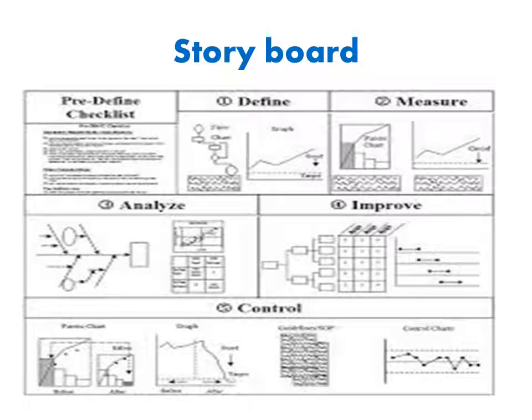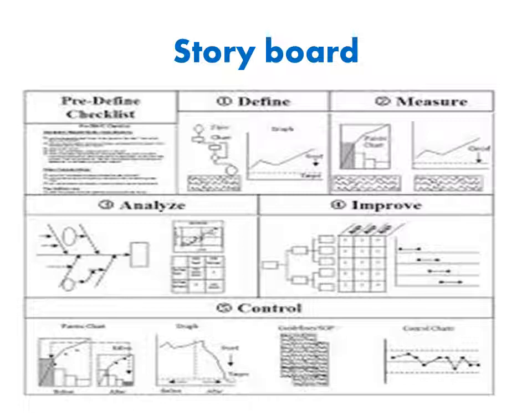Here, this is an easy example for the storyboard. If you look at this picture, you'll find it's divided into many parts. Each part you will find, for example, here, define. What you define. For example, here you will write the problem statement. Then measure.